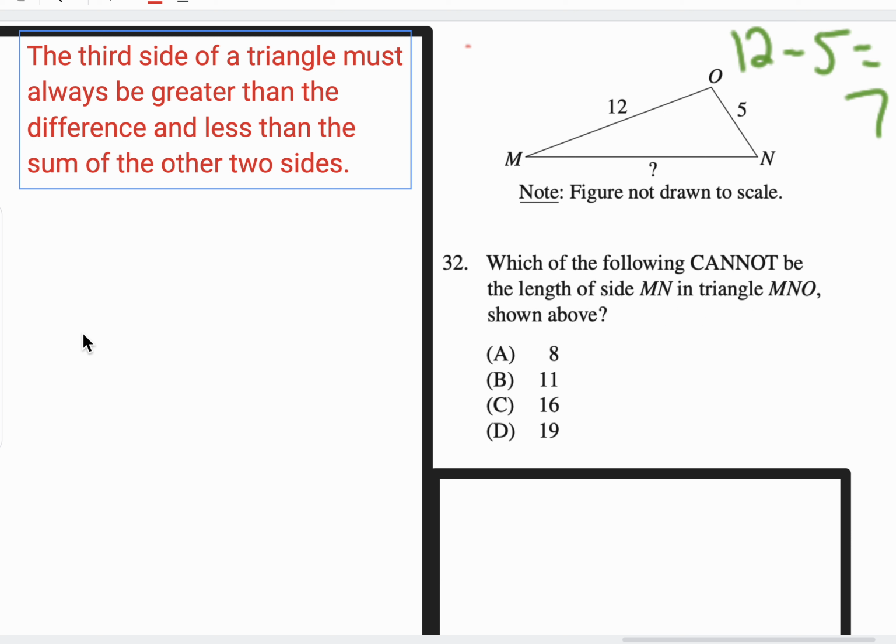So we know the third side must be greater than 7, from 12 minus 5. And less than 17. 12 plus 5 is 17. It must be less than 17, from 12 plus 5.